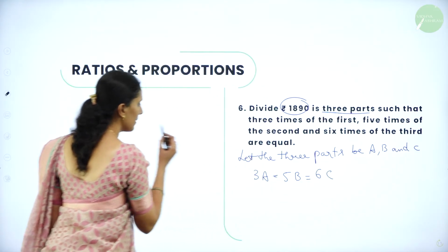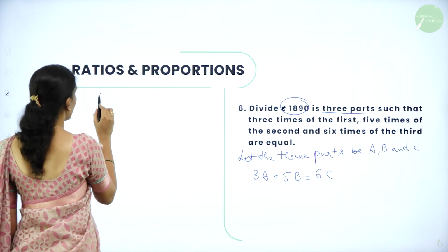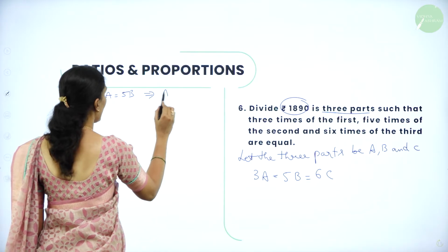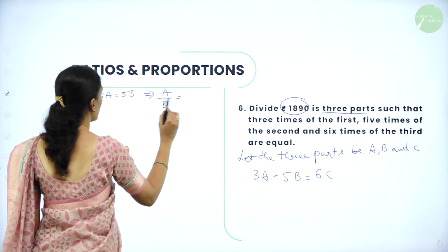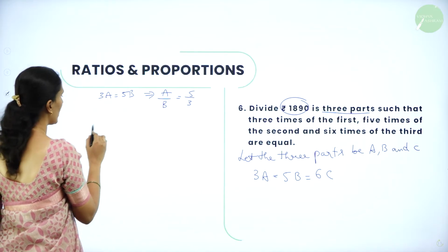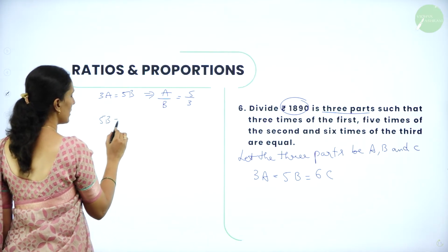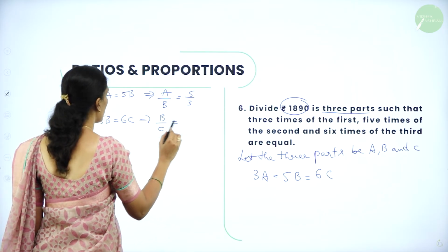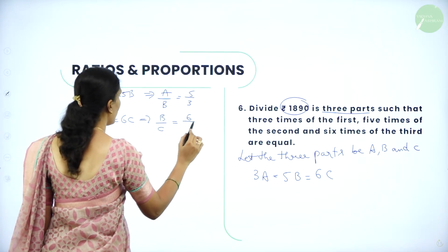So if I take them separately, that is 3A is equal to 5B. This implies A divided by B is equal to 5 divided by 3. Similarly, if I take 5B is equal to 6C, then B by C is equal to 6 by 5.